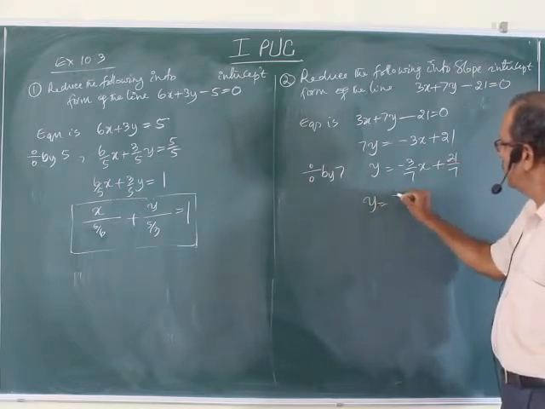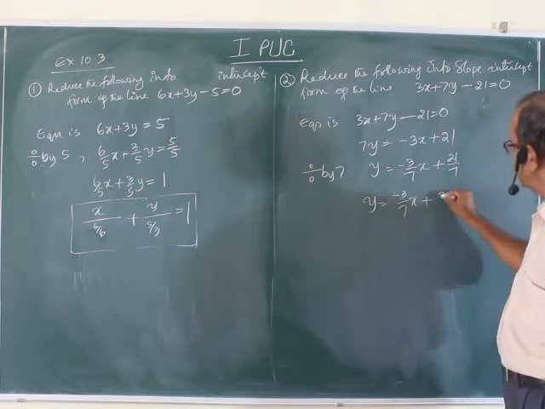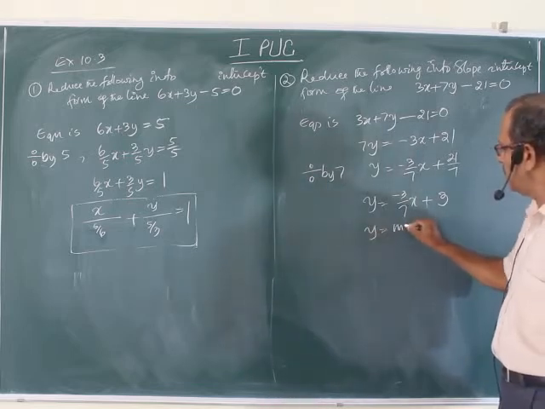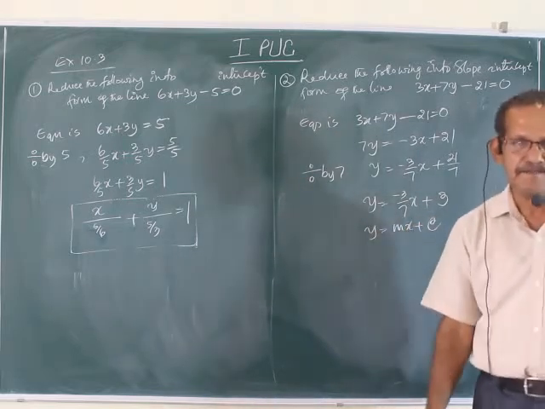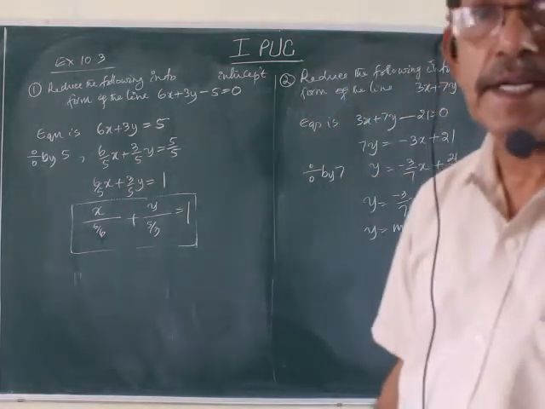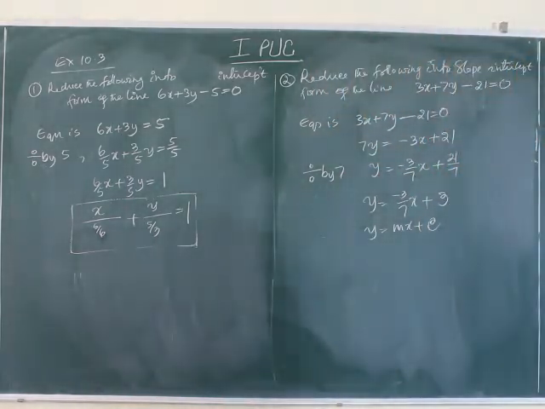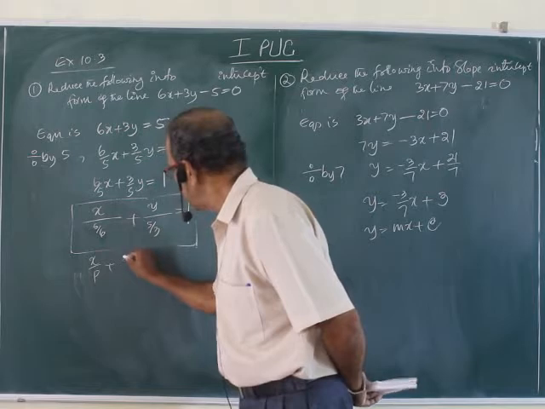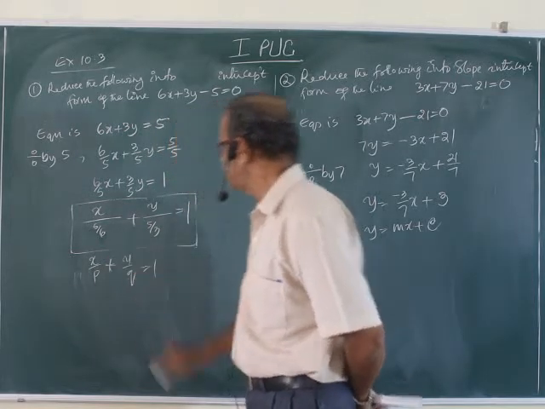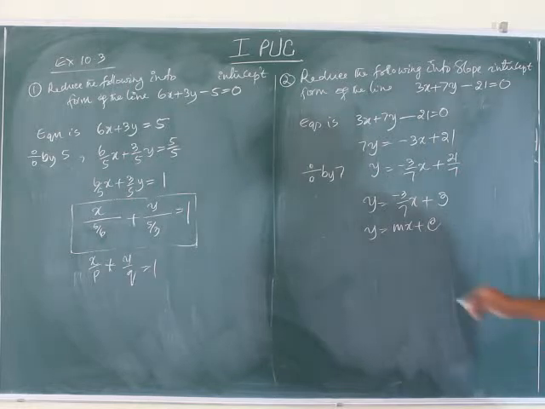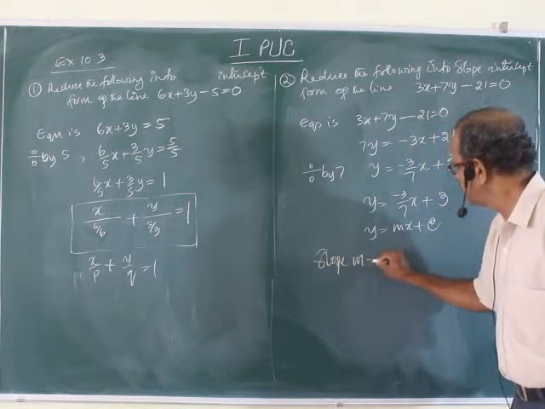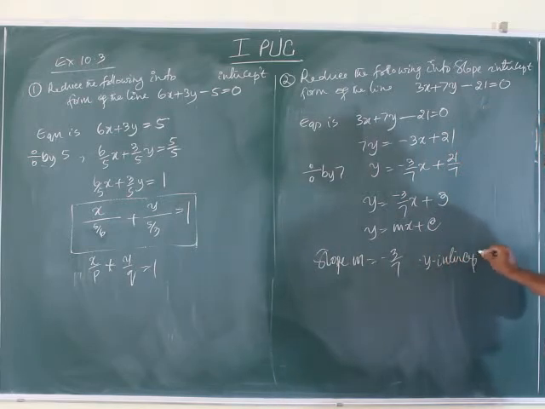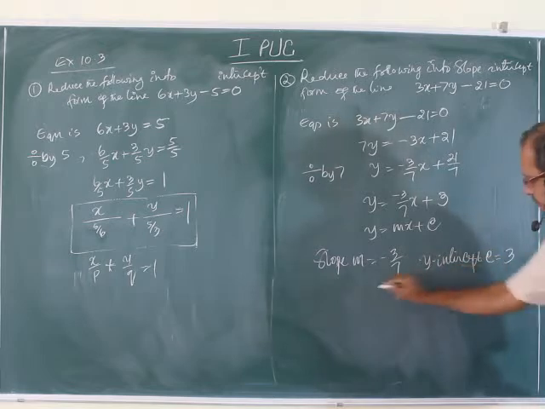Y equal to minus 3 by 7x plus 3. This is of the form y equal to mx plus c. This is slope intercept form, remember. This one is of the form x by p plus y by q equal to 1. Okay. Now, slope m equal to minus 3 by 7. Y-intercept c equal to 3.